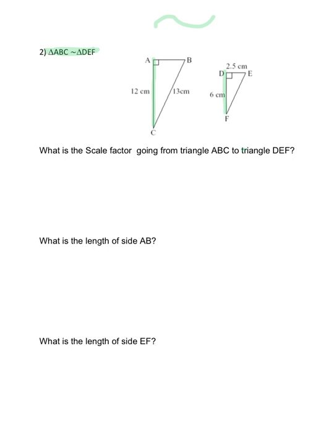Because DEF is the last triangle, I have to set side DF on top and side AC on the bottom. So I'm going to set it up as 6 to 12. Once again, the 6 refers to side DF, the 12 refers to side AC. If we simplify this, we end up with a ratio of 1/2.